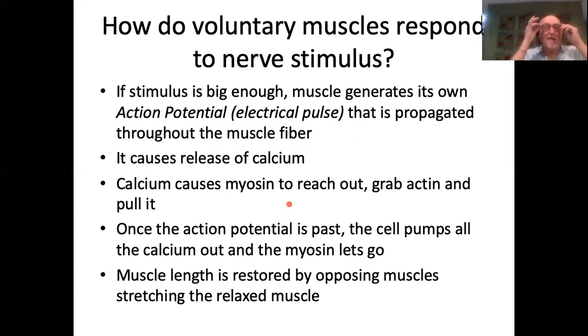There is one circumstance where we can see what the impact of calcium is, and that is after death. When an organism dies, the sarcoplasmic reticulum loses its ability to work, and it releases all of its calcium into the muscle.